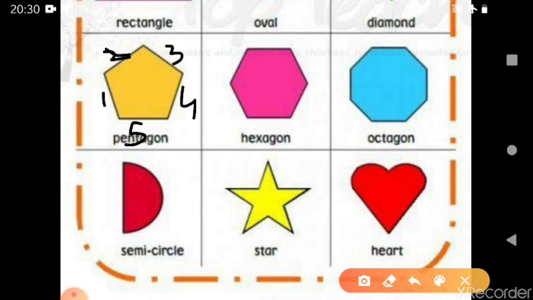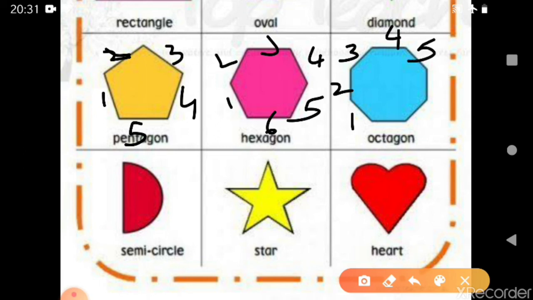A hexagon is a shape having 6 sides. 1, 2, 3, 4, 5 and 6. Then octagon. Octa means 8. So an octagon is a shape having 8 sides. 1, 2, 3, 4, 5, 6, 7 and 8.